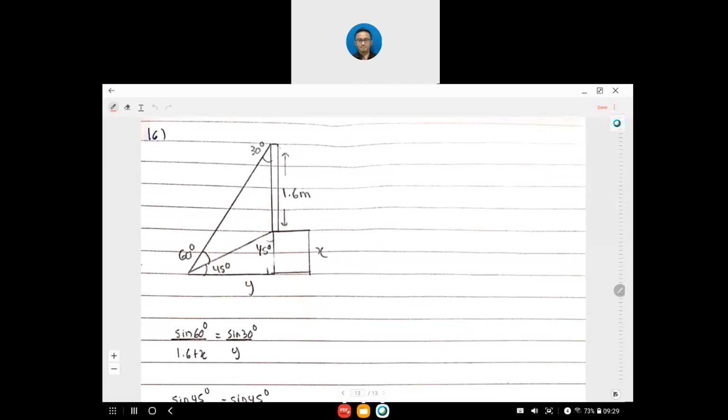1.6 meters stand at the top of pedestal. Okay, from a point on the ground. Yang ni pun sama je macam tadi. Okay. Dia berdiri atas ni. But at this one, find the height of pedestal. So you want to find the height this one.